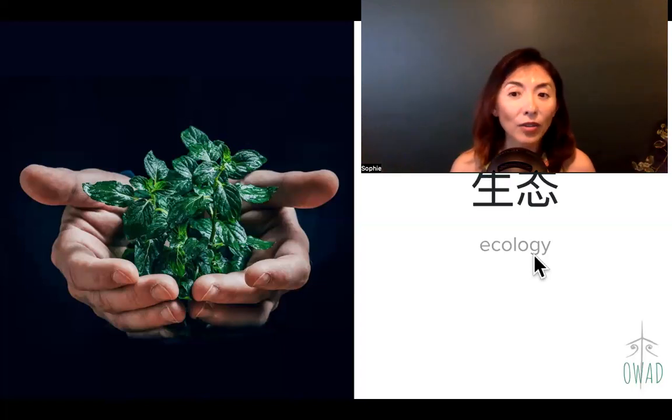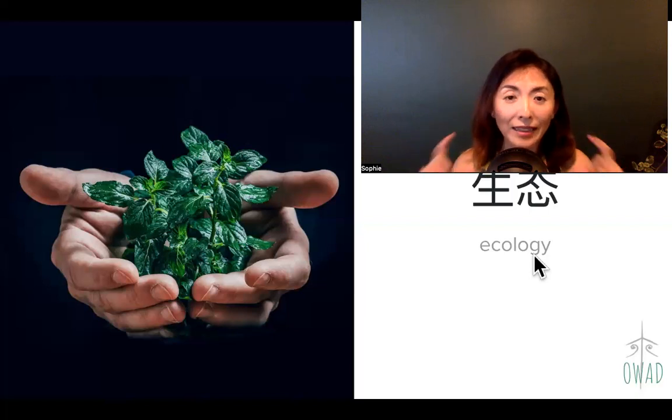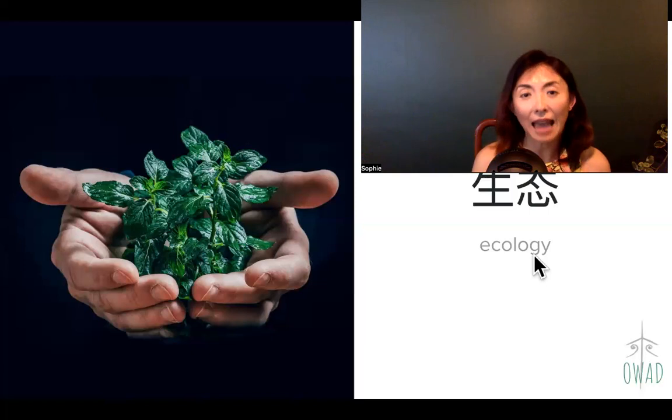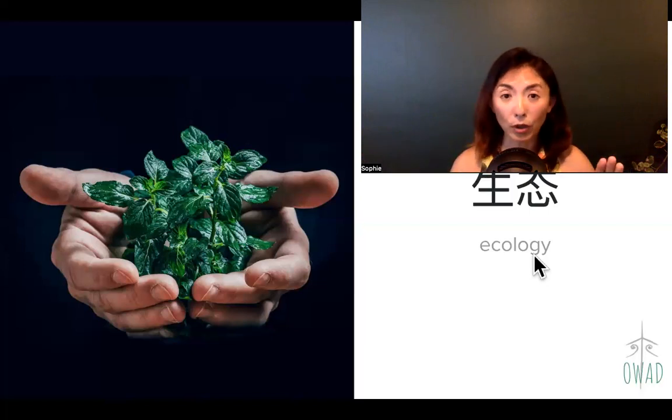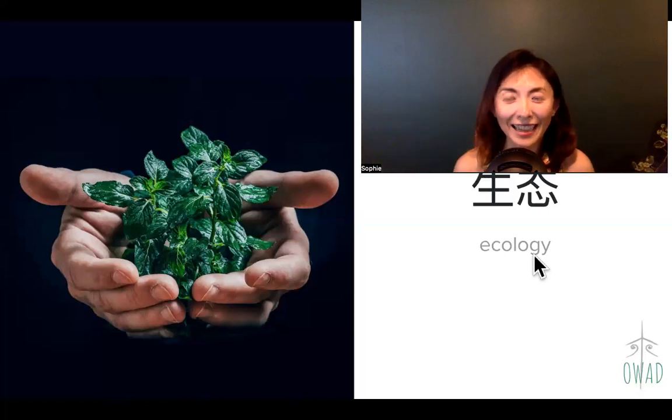So ecology is quite an abstract English concept that deserves several lines in a dictionary definition. But sheng tai, as short as that, and both characters are existing Chinese characters. Somebody grabbed them, combined them together, boom, we have ecology as sheng tai.